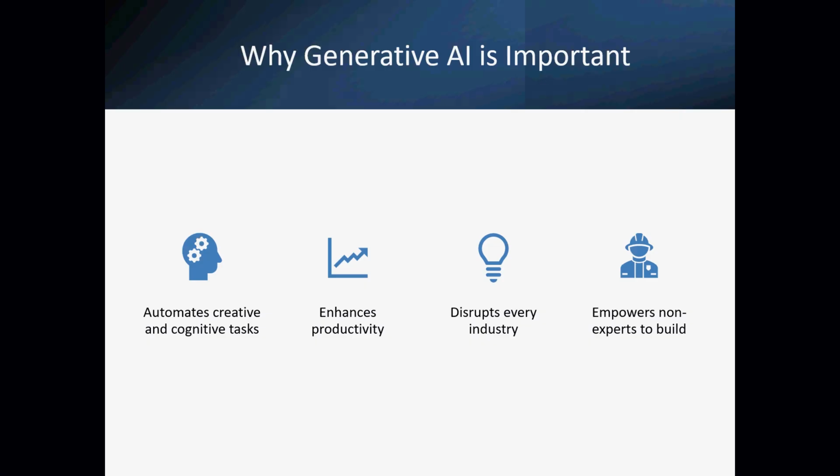And the best advantage of AI is that it empowers even non-experts to build something. As long as you know natural language, as humans we know how to write at least, we can give a prompt to an LLM and it responds. So as long as we know what we want to do, we can just give an input to the LLM and it responds. That means I need not be an expert in that field to build something. That is the best use of AI.